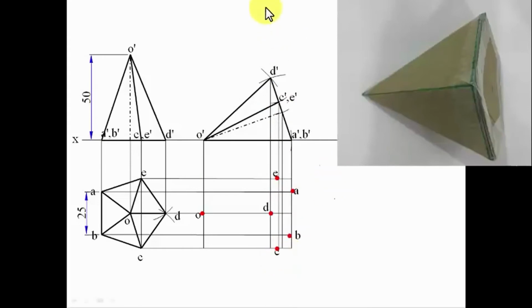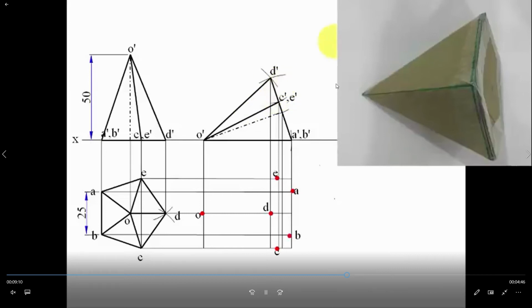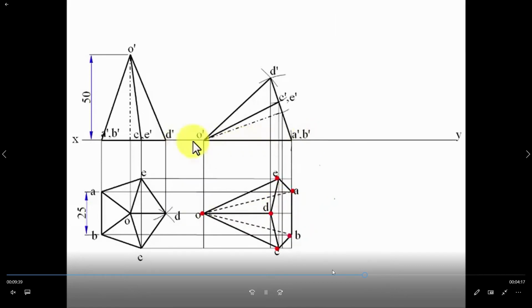Now you join with the help of the scale. You join. Next, these are the hidden sides. That's why we need to draw the dotted lines.